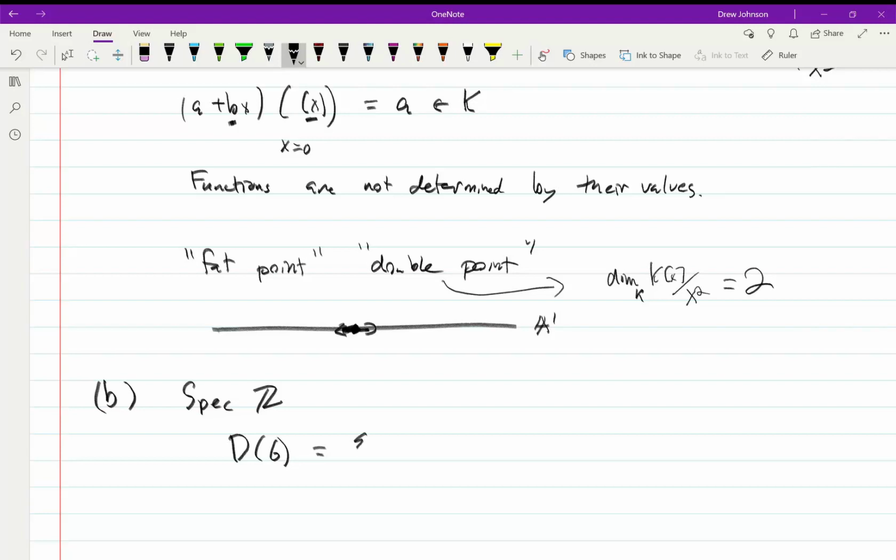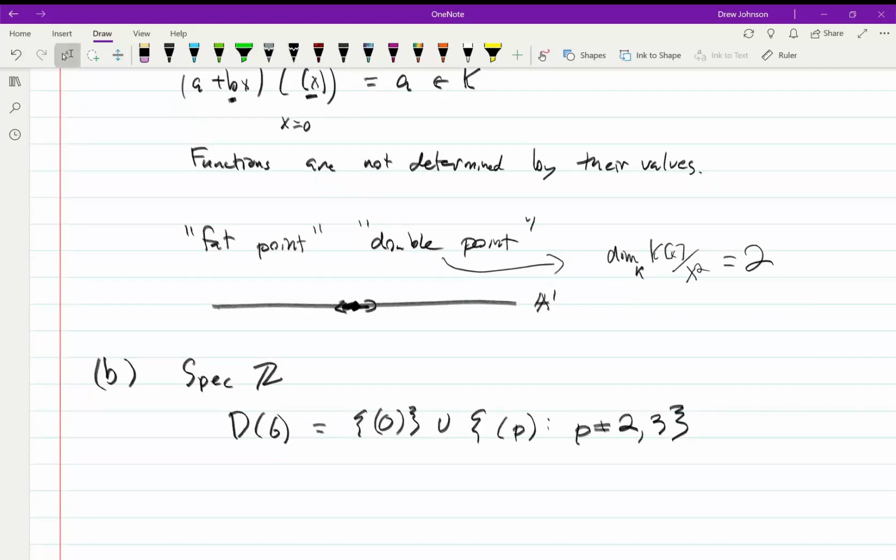Well, by definition it's the set of all prime ideals such that 6 is not in them. So that would be all the prime ideals except for 2 and 3.